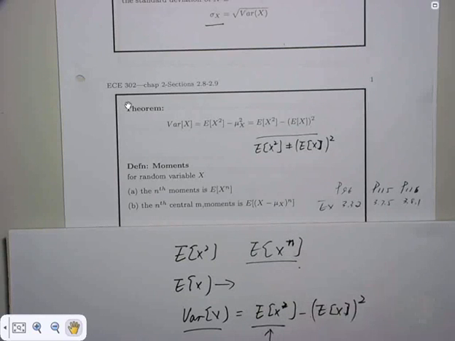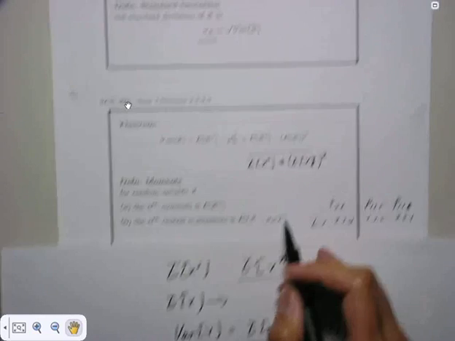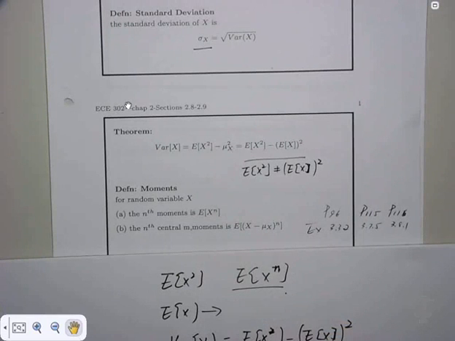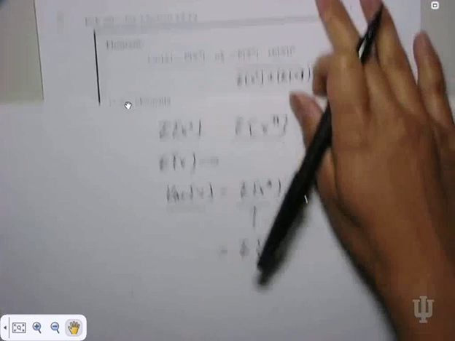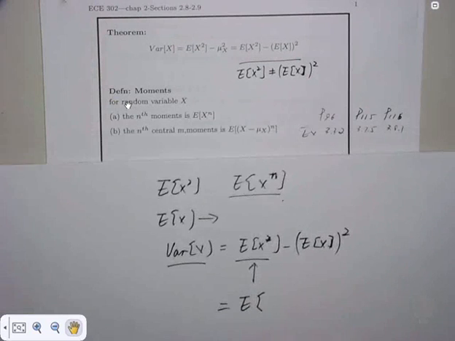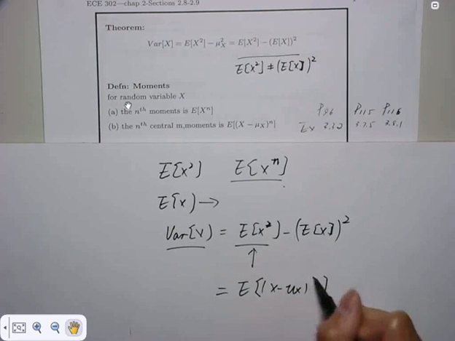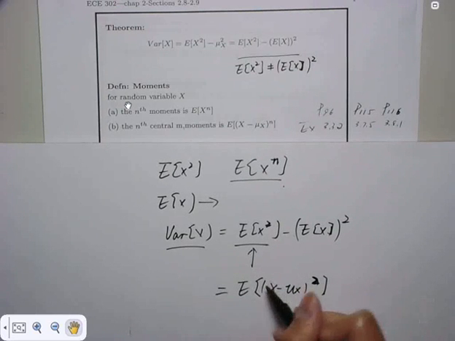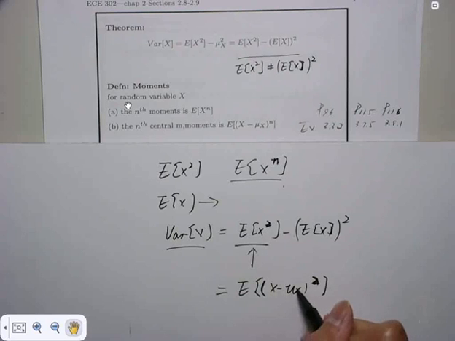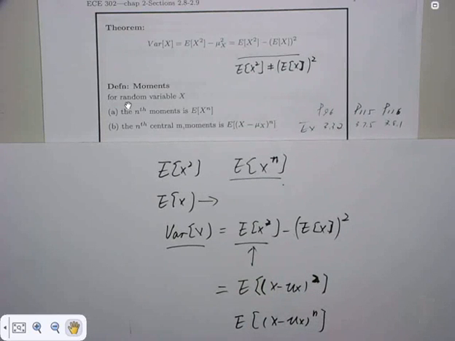So this is called the nth moment. And the expectation of x minus mu x to the nth power is called the nth central moment.